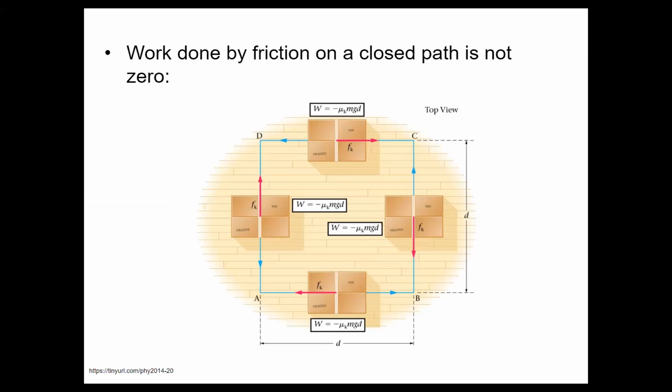So work done is always negative, which is mu k times mg, times d, the friction force times d, with a negative sign. On this segment, it's the same scenario. Force and displacement are opposite to each other. So negative here, negative here, negative there. If you add the work up for this closed path, it's going to be a non-zero number. It's going to be a negative number in this case. So for a non-conservative force, the work done on a closed path is not zero.